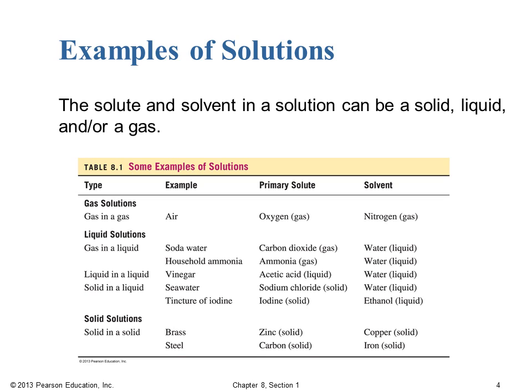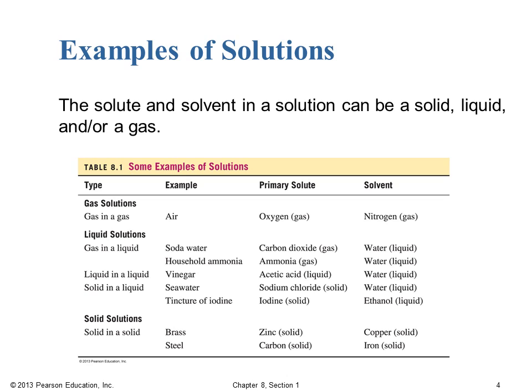We can also mix together two liquids, and in this case they give the example of vinegar. Vinegar is primarily water, which is the solvent, mixed with acetic acid.